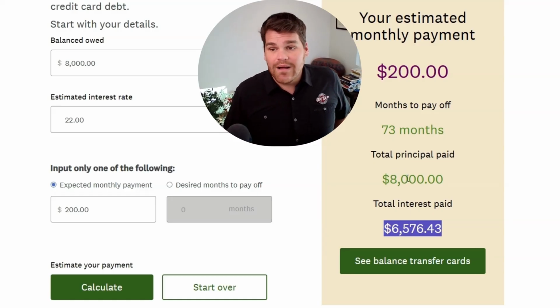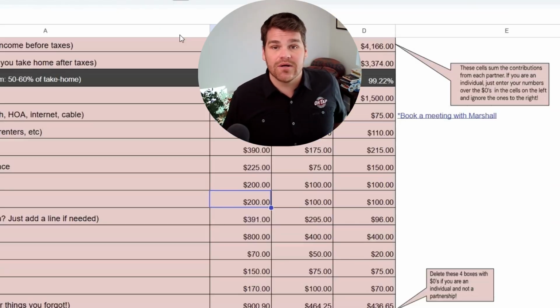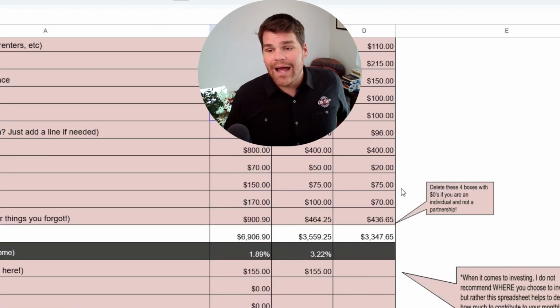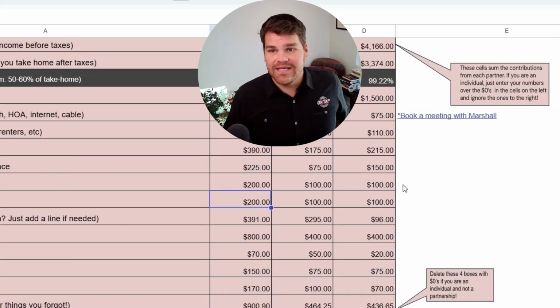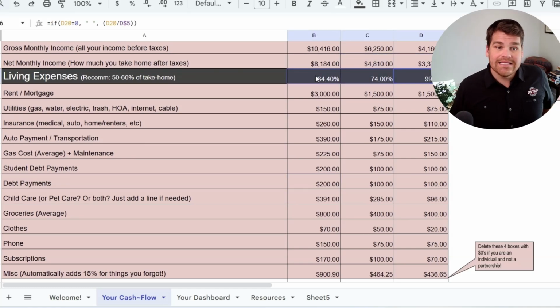So while it's certainly high, we can go in and figure out, hey, what could we do to pay this off more quickly and not have to pay so much interest back to these credit card companies? And what I'm going to suggest in Evan and Eve's case is actually something that folks may not recognize at first glance, which is that what I see here is that they're high on their living expenses.